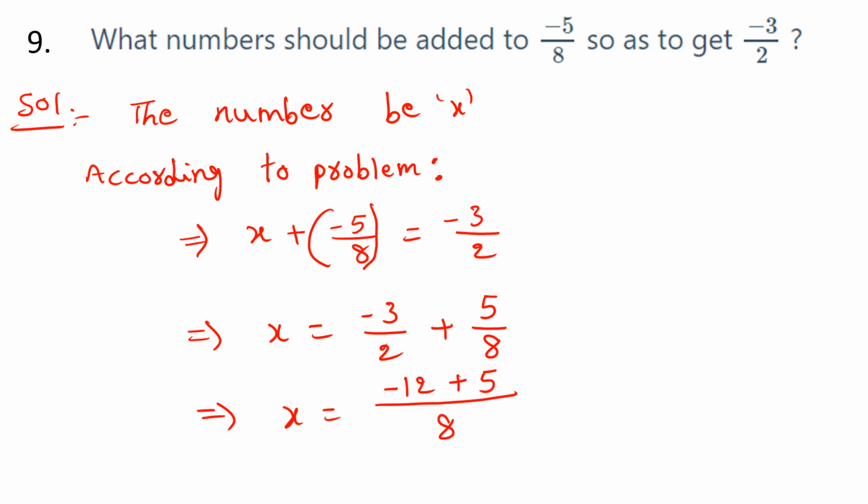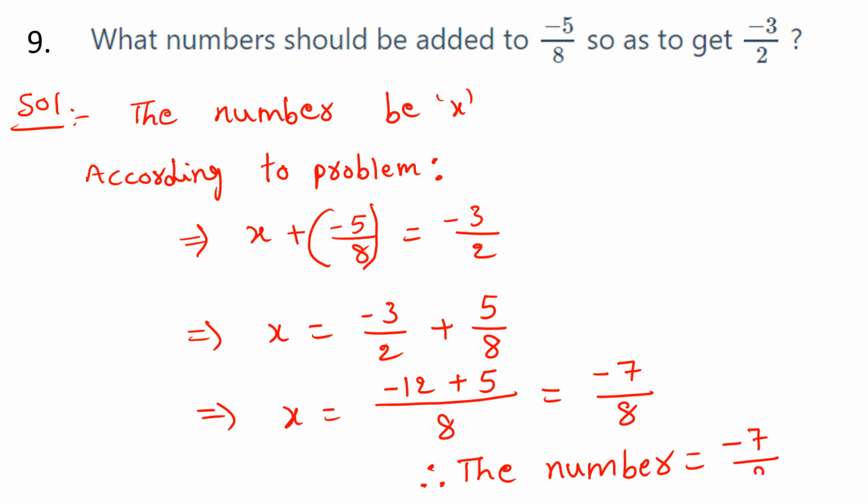Minus 12 plus 5, how much is it? Yes, that is minus 7 by 8. Therefore, the number is equal to minus 7 by 8. So that is the answer, right?